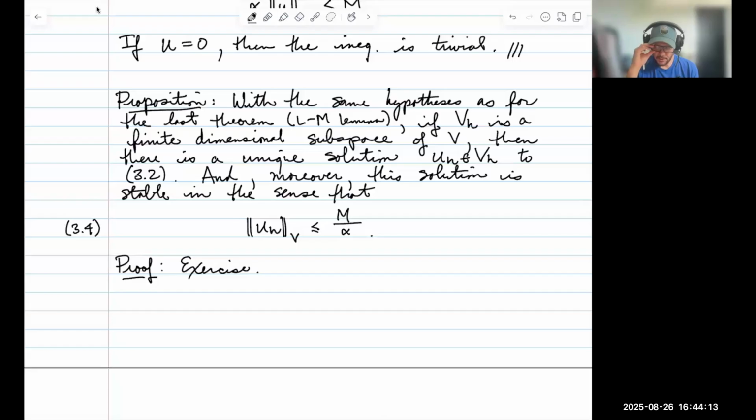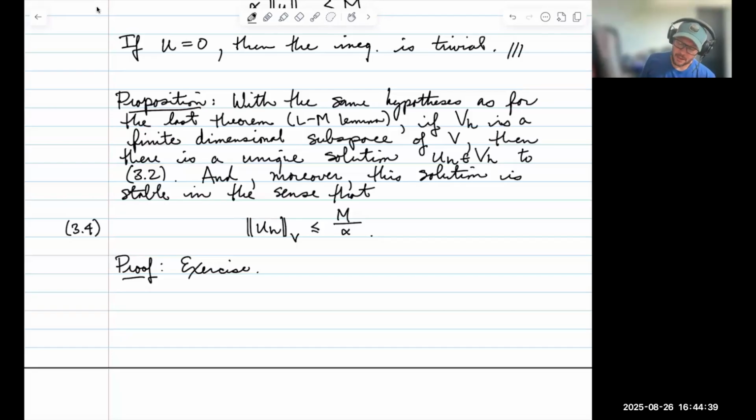Well, I need to be able to apply the Lax-Milgram lemma to this same problem, but in the setting of VH. So the question is, is VH still going to be a Hilbert space? And the answer is yes. It's going to be a Hilbert space because it's a finite dimensional subspace of a Hilbert space. That's always going to be a Hilbert space.